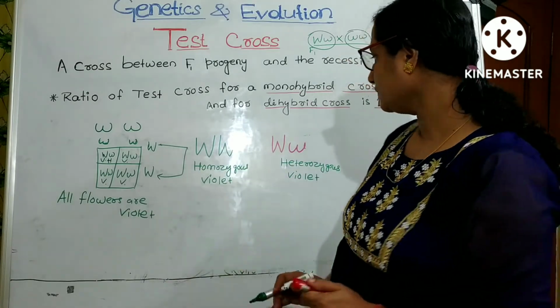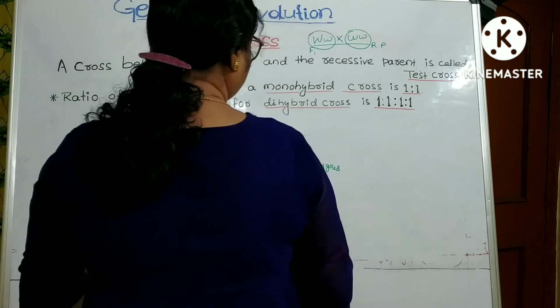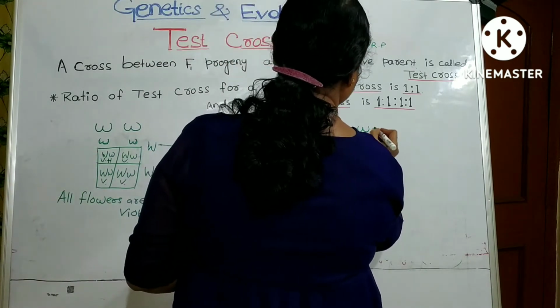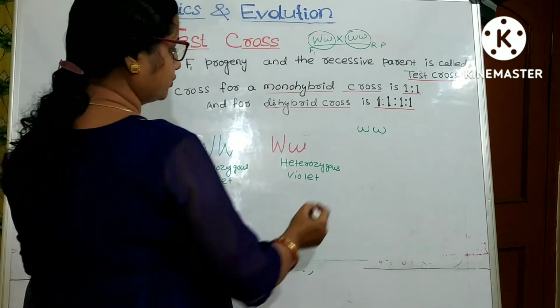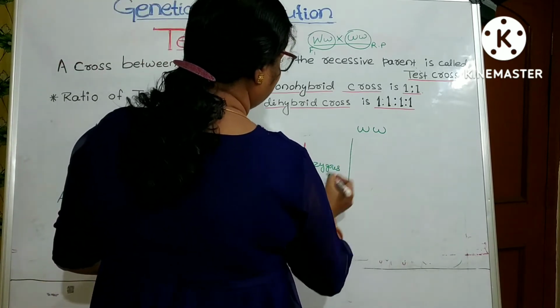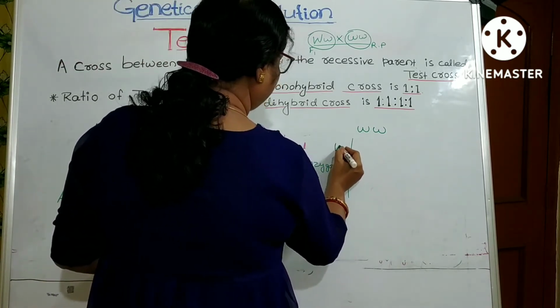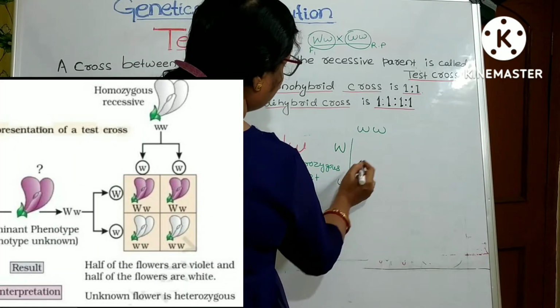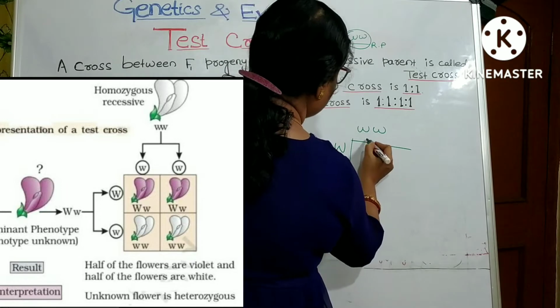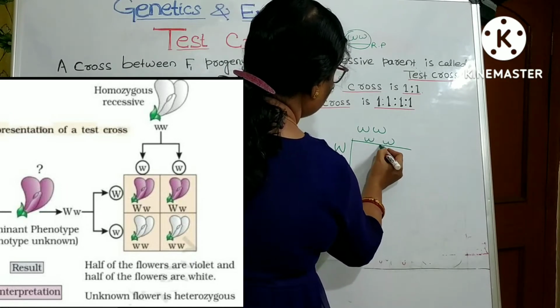If we cross the recessive parent, that is small w, with the heterozygous violet, then the gametes from the heterozygous parent will be capital W and small w, and from the recessive parent, small w.